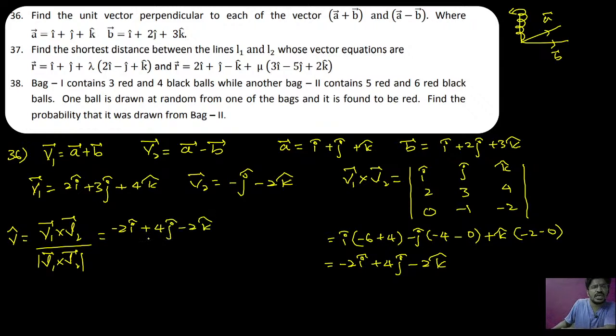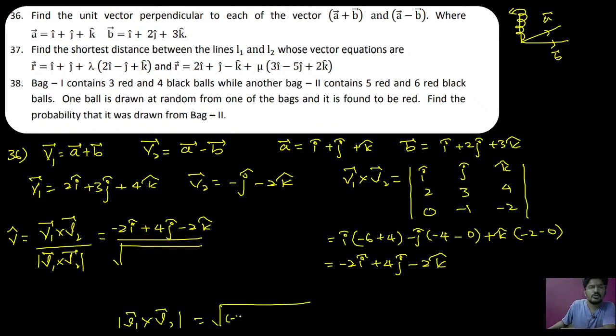This is equal to minus 2i cap plus 4j cap minus 2k cap divided by the magnitude of v1 cross v2. Mod of v1 cross v2 is equal to root of minus 2 square plus 4 square plus minus 2 square.